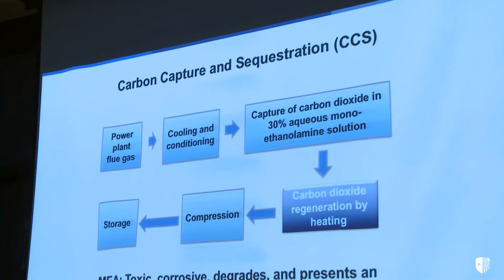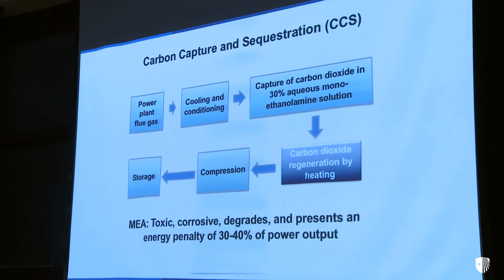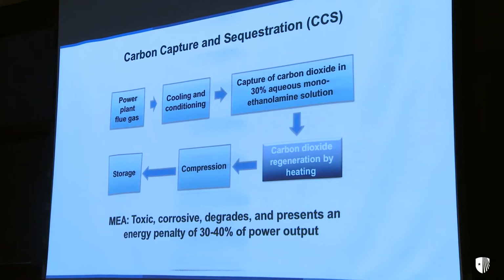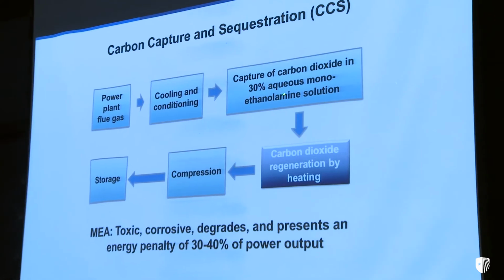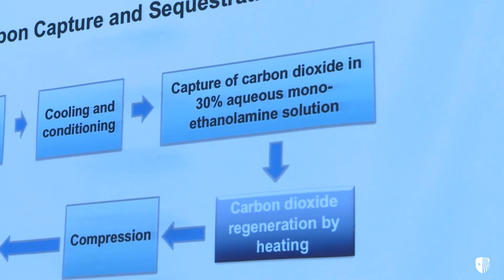And the technology that is out there that people are thinking about is a very old technology that was used to capture carbon dioxide from natural gas. When you're mining natural gas, there's around 10 to 20%, depending on where it's mined, of CO2. And the way you capture that CO2 is you pass it through an aqueous monoethanolamine solution.